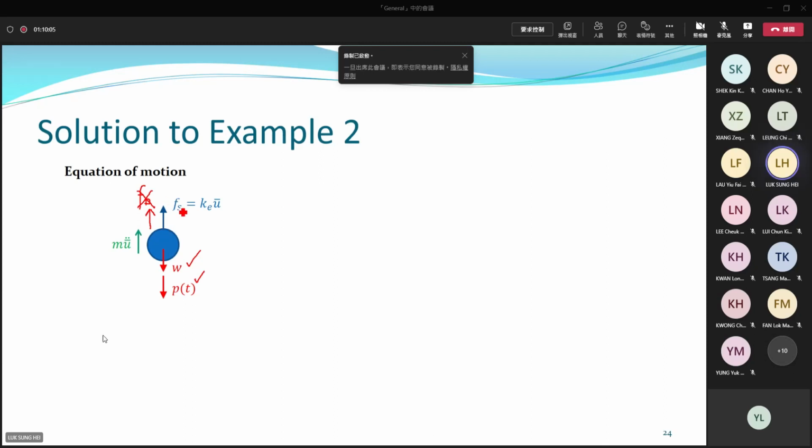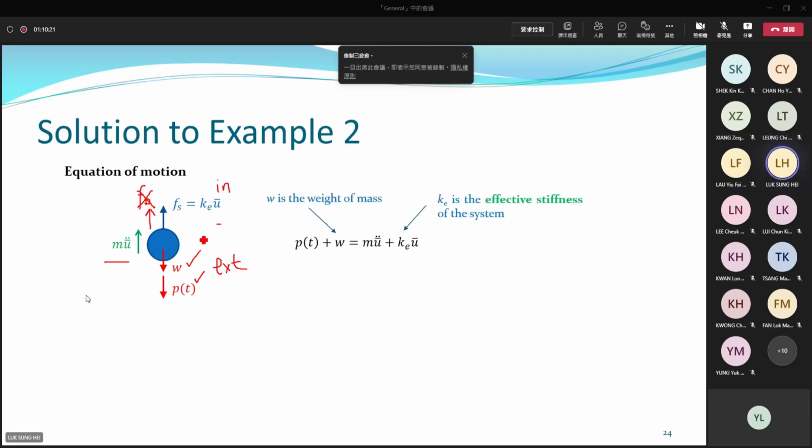So you can use Newton's second law: external force minus internal force equals ma.